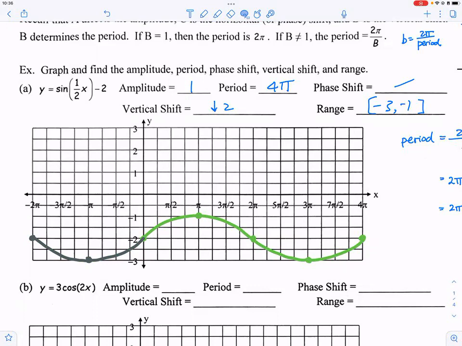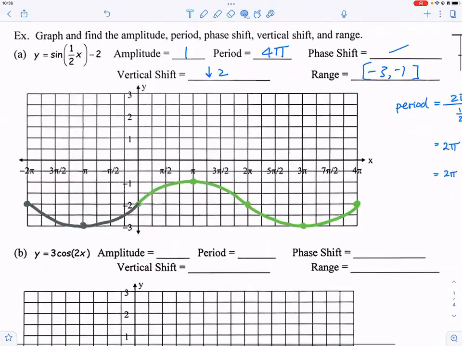So in this case, we have the B value and a D value. Right now, I'm going to give you 1 minute to fill out the blanks for part B. You've got an A value sitting in the front, you've got a B value sitting in front of X. So go ahead.